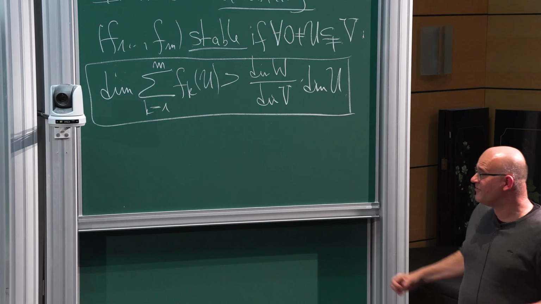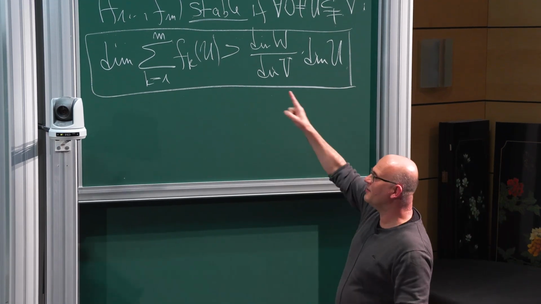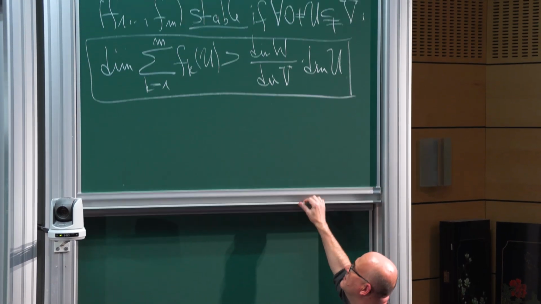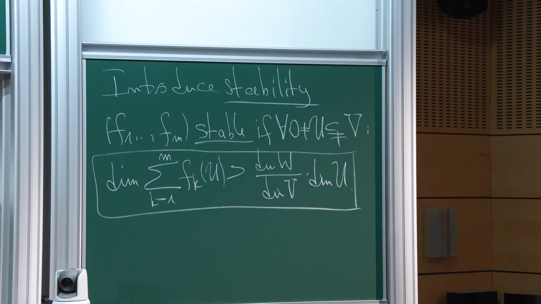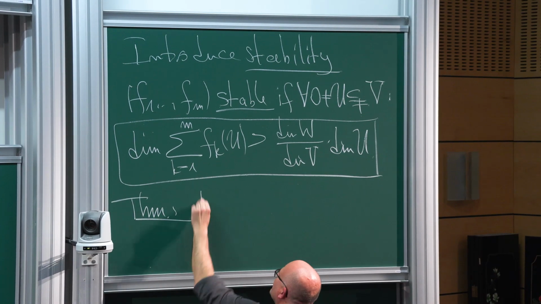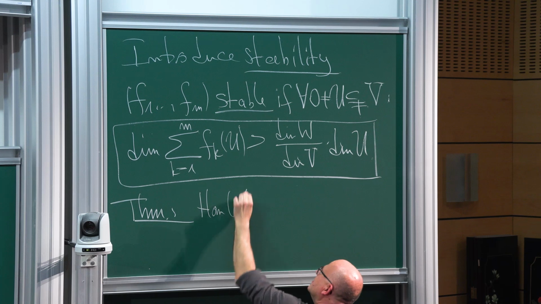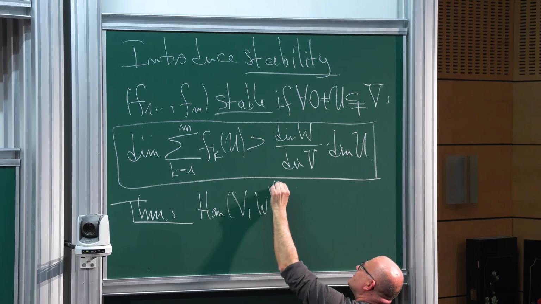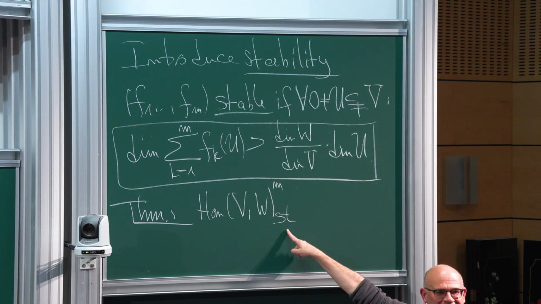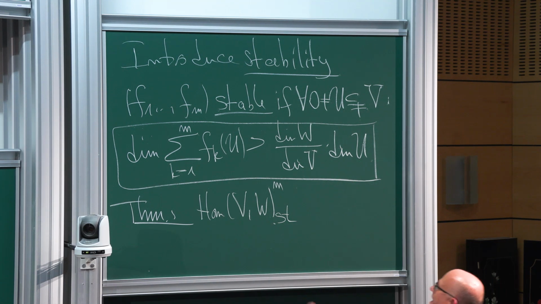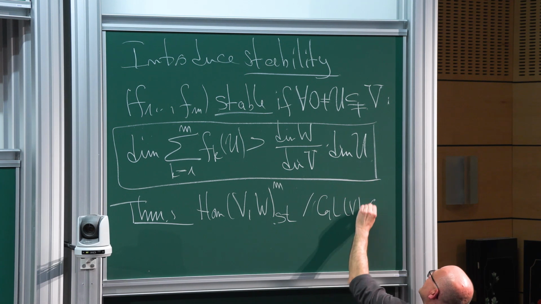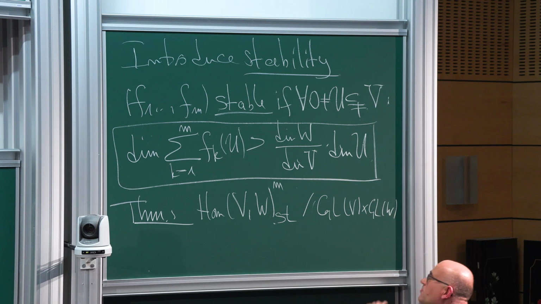Okay, so the theorem is, if we only consider the stable points, then we can form a quotient. If we take the space of m-tuples of linear maps, but we only take the stable tuples, this is the stable locus, then we can just divide it by GL(V) cross GL(W) in the topological sense.